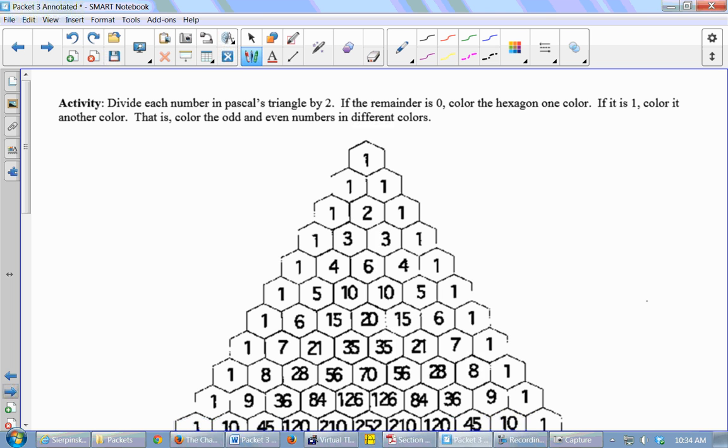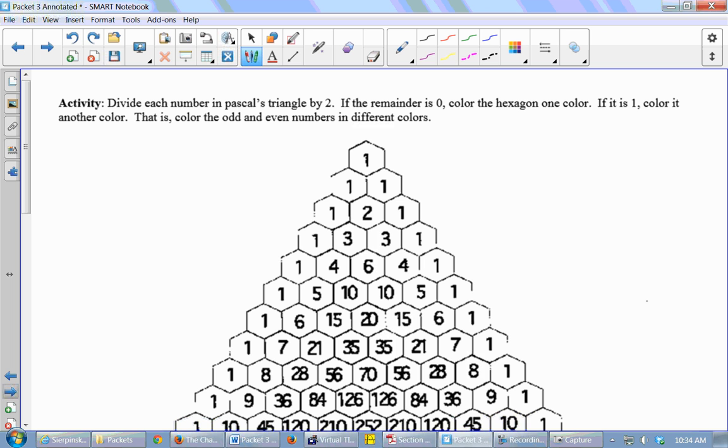This is Pascal's triangle. I want you to color, if you divide a number by 2 and the remainder is 0, what special kind of number is that? A number that you can divide by 2 and have no remainder. 2 goes into it evenly. Those numbers have a special name. You probably learned it in second grade or so.